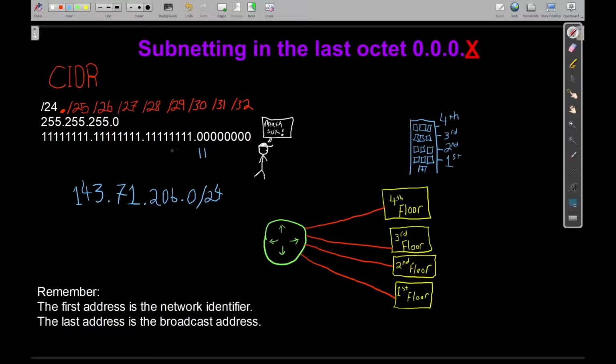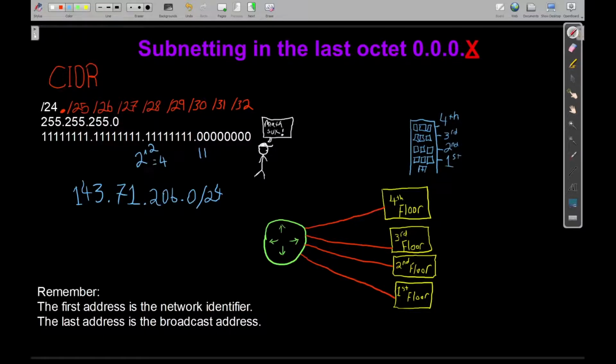If you're wondering how that gets us 4, that's because we have 4 different options with this: 00, 01, 10, and 11. These are 4 different network addresses. Another way to see that would be 2 to the power of however many bits you're going to borrow. So here we're borrowing 2, so 2 to the power of 2 is 4.